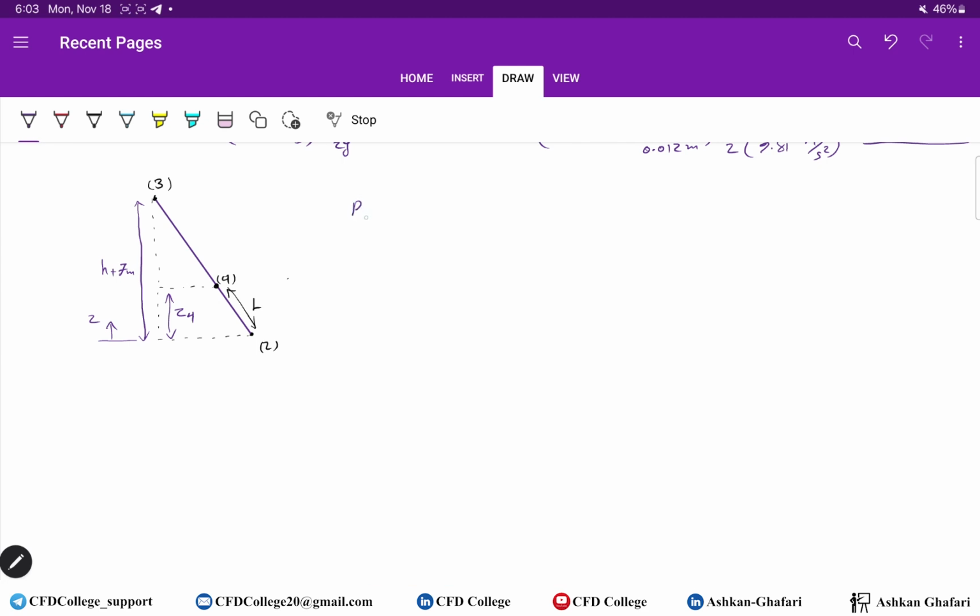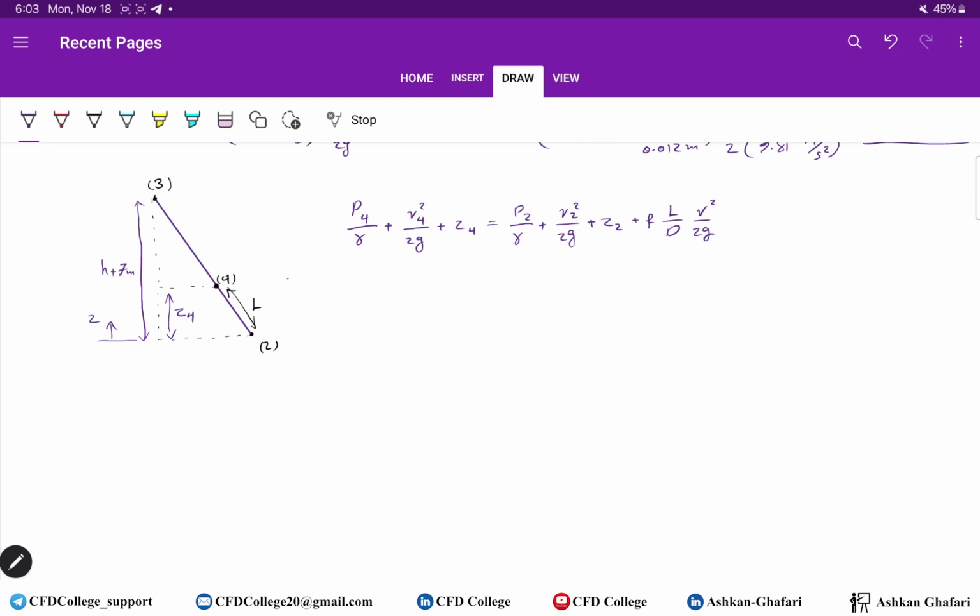So P4 over gamma plus V4 square over 2G plus Z4 equals P2 over gamma plus V2 square over 2G plus Z2 plus head loss, which is FL over D V2 square, or V4 square, they are the same, over 2G.